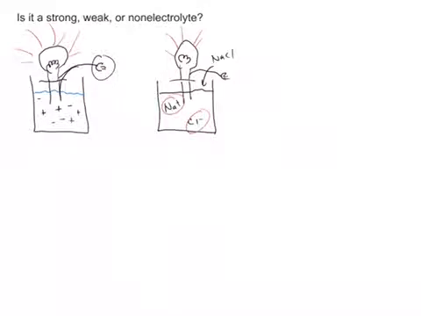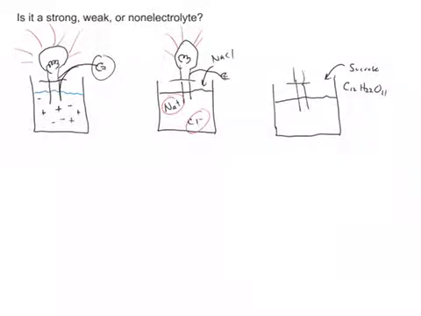What about if we put another very common solute in? What happens if we put something like sucrose into the solution? Sucrose is C12H22O11. It's just regular old table sugar. Is this going to light up? Well, it all depends on how it dissolves. And when sucrose dissolves, it dissolves as molecules.